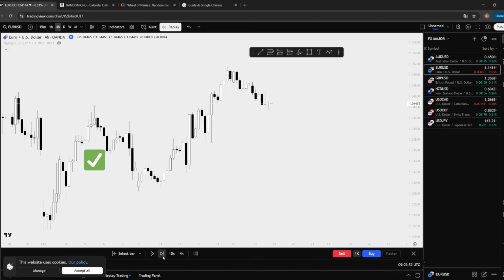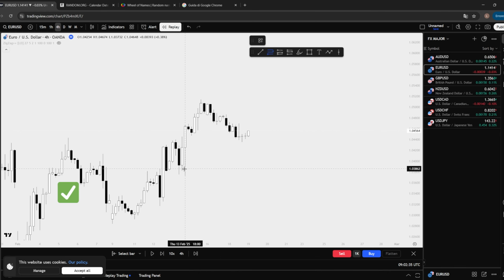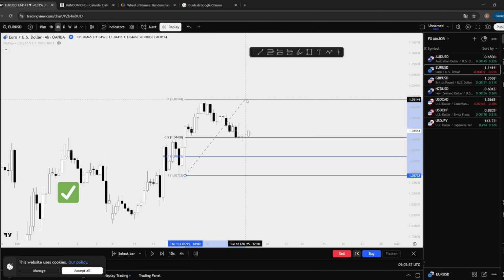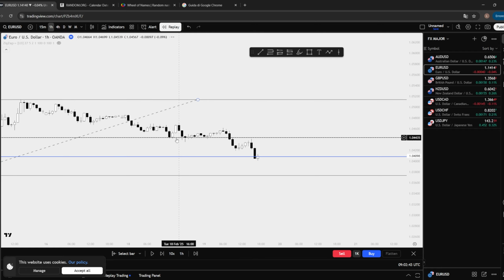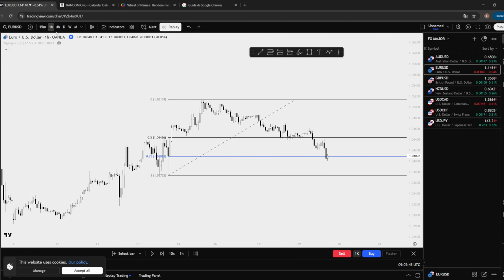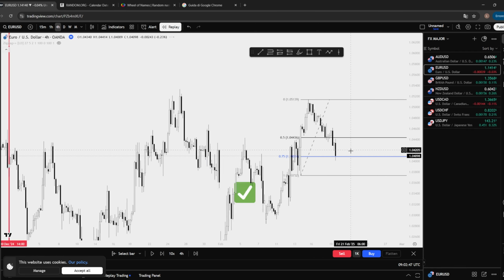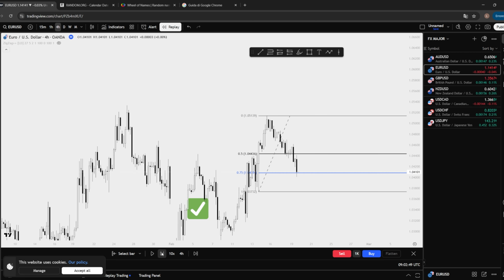Last trade, and then I quit. So here it is, a trade. Let's see if I can refine the zone. It's not really helpful, but we enter the zone. Let's see if there is an indecisive candle.